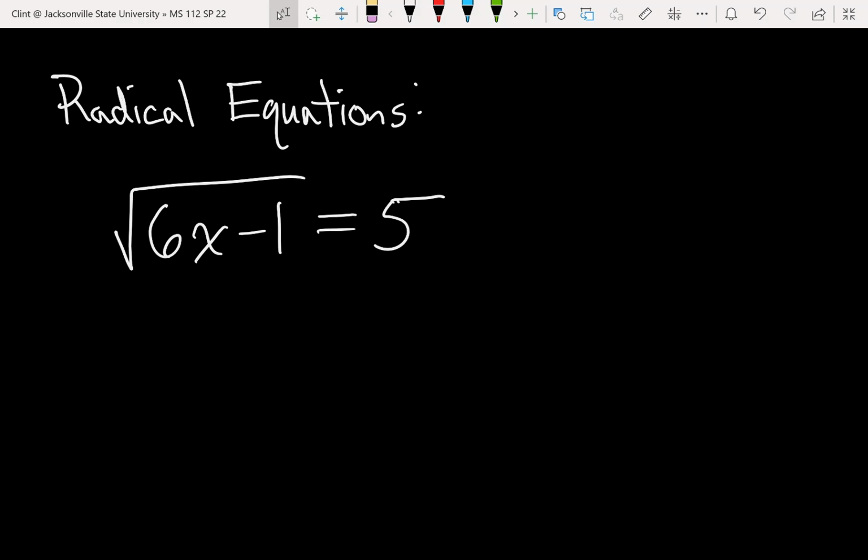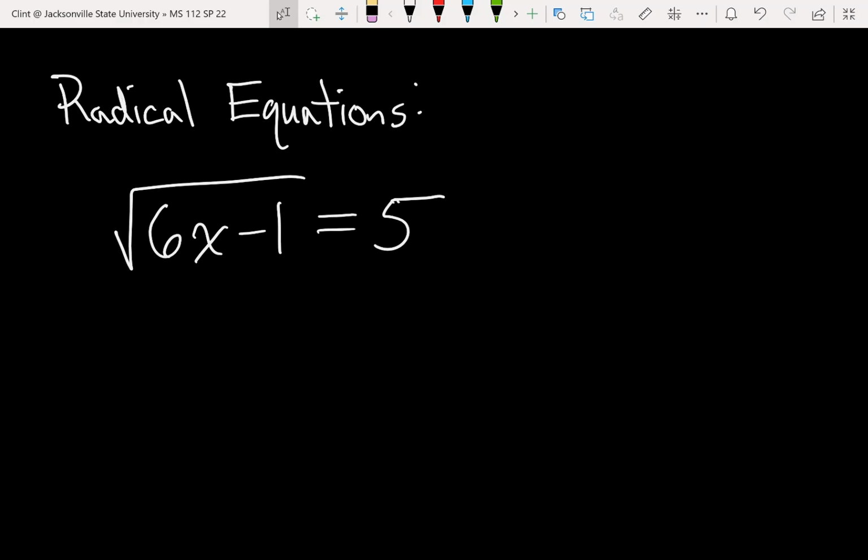We have a variable underneath the radical, and in order to get x by itself, we've got to get it out from there somehow. So how can we do that? Ideally, we would have some operation we could do to both sides that would cancel out the square root.